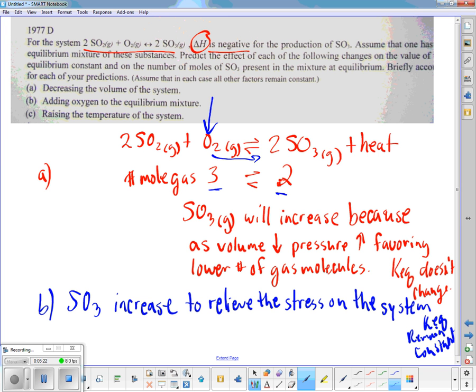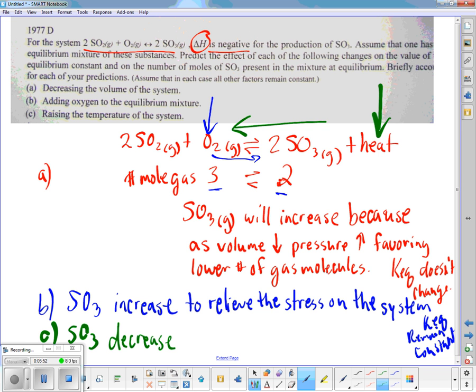So if I'm adding heat to the system, I'm putting a stress on the system, which way is the system going to shift? The system's going to shift that way to relieve the stress, right? So what's going to happen to SO3? This one's going to decrease.